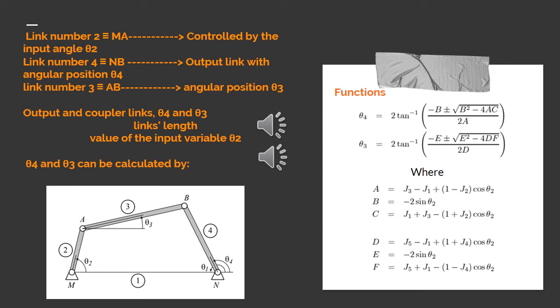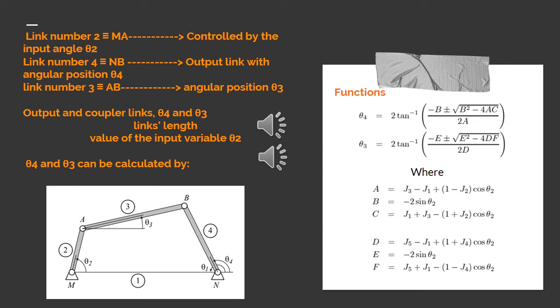Link number 4 is the direction NB, and is usually the output link with angular position 4. And link number 3 is direction AB, the coupler link with angular position 3, that connects the input and output links together.